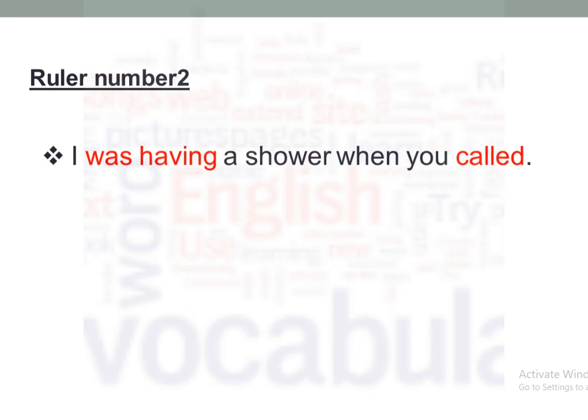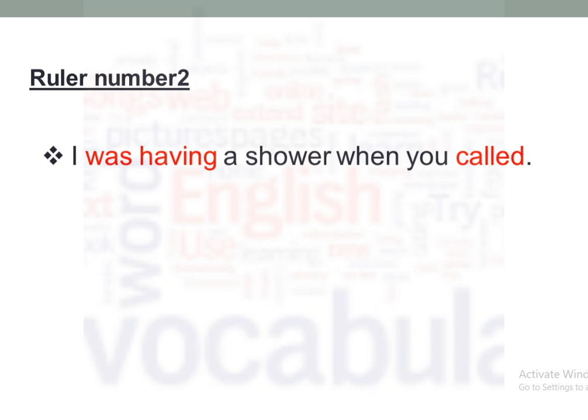What you need to do is look for the first action that we were doing before the second action started. For example, in this sentence, I was having a shower when you called me. Having a shower and call, these are two actions, but which one of them is the first action? Yeah, good job. True.